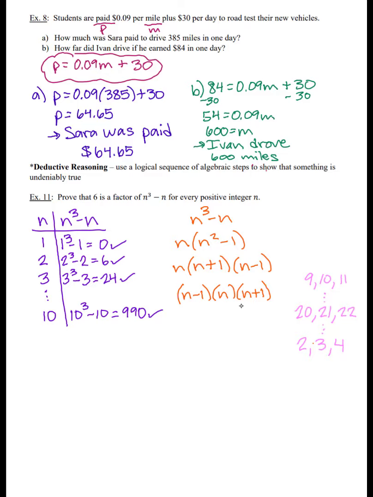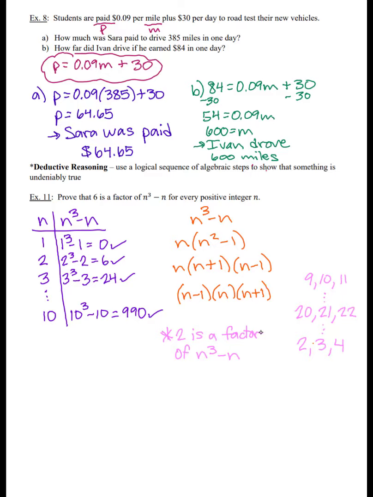So if one of these factors is divisible by 2, then multiplying them into n to the third minus n is also going to be divisible by 2. So I'm going to make a note: 2 is for sure a factor of n to the third minus n.